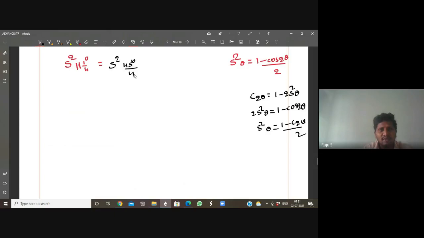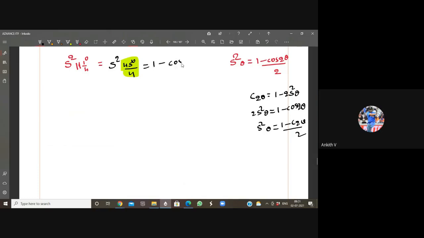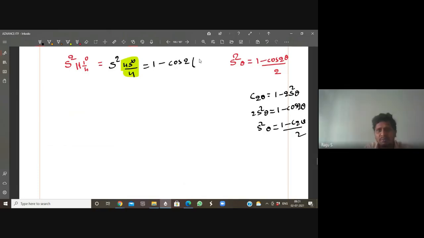Here theta is 45 by 4, and I want to apply this formula. So it becomes 1 minus cos of 2 times 45 by 4, which is 45 by 2, nothing but 22 and a half, all divided by 2.